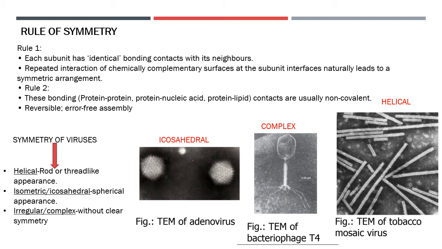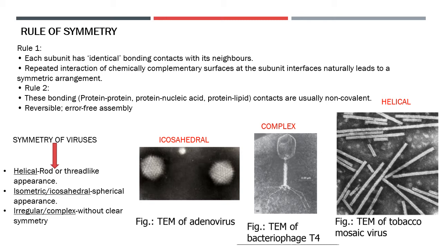First is helical, which has a rod or thread-like appearance. The example is tobacco mosaic virus. Rod-like structure. Even Ebola is an example of helical symmetry. Then next is isometric or icosahedral, which has a similar-to-spherical appearance.